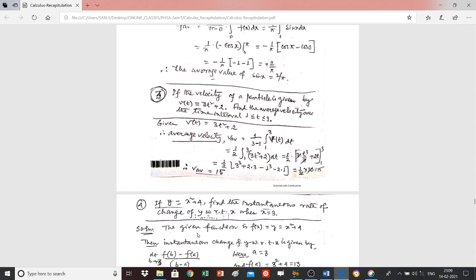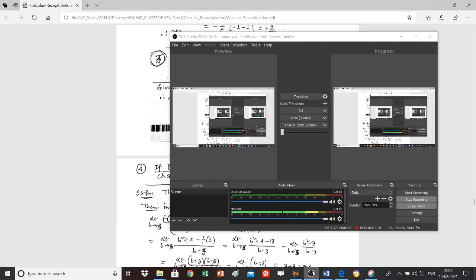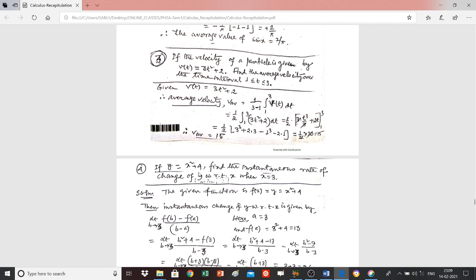And now another example: y is equal to x square plus 4, then find the instantaneous rate of change of y with respect to x when x is equal to 3. So we will find the instantaneous rate of change of y with respect to x in two methods.